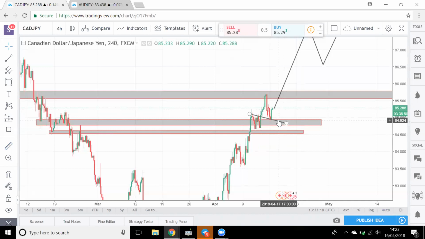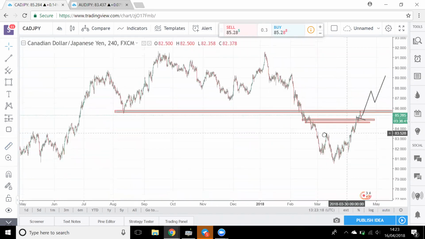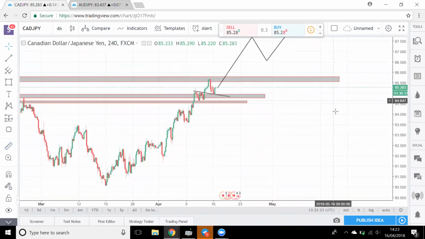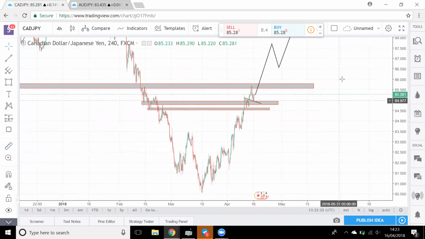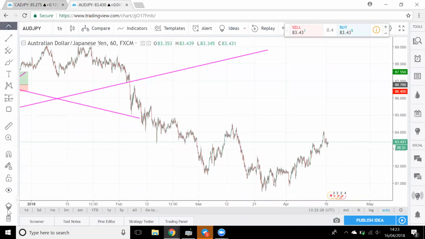But buys now, I don't know. I don't really like buys right now. As in for CAD yen, no, because you have a strong level, and CAD may start to lose strength.